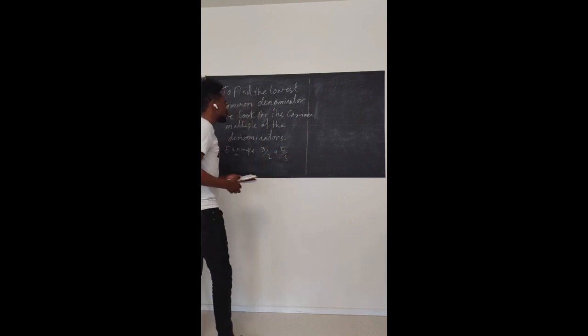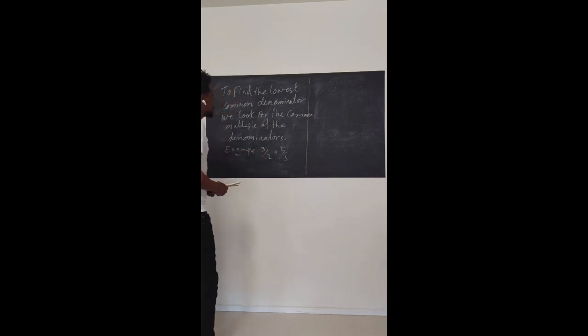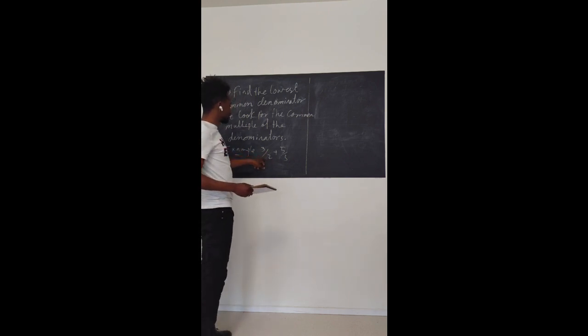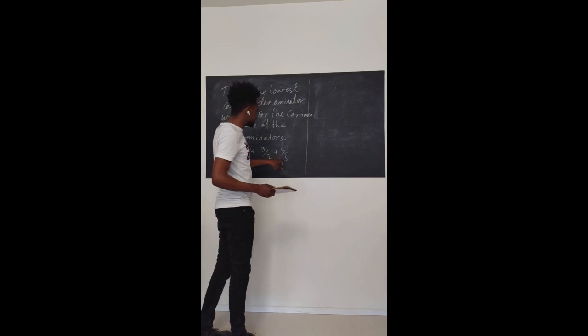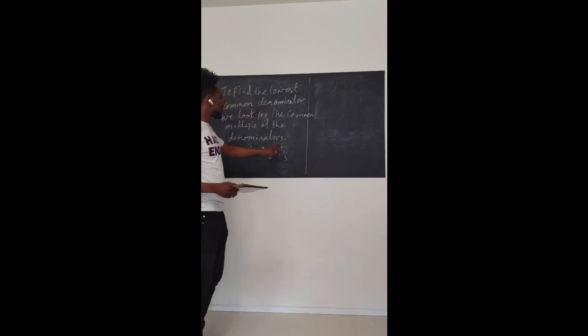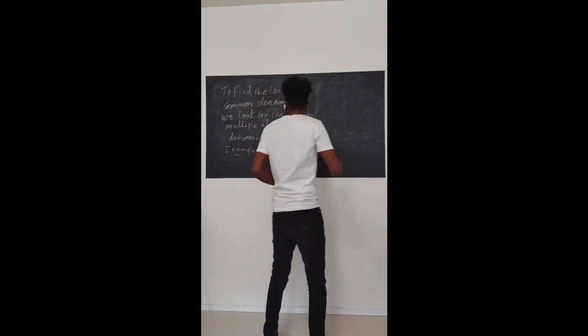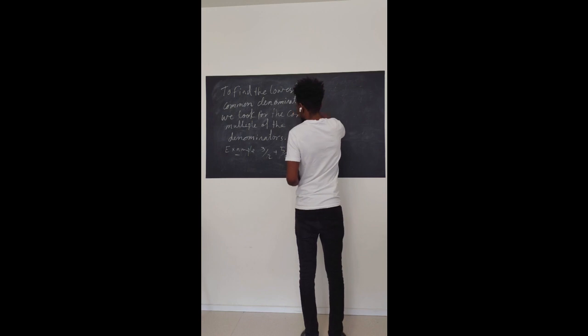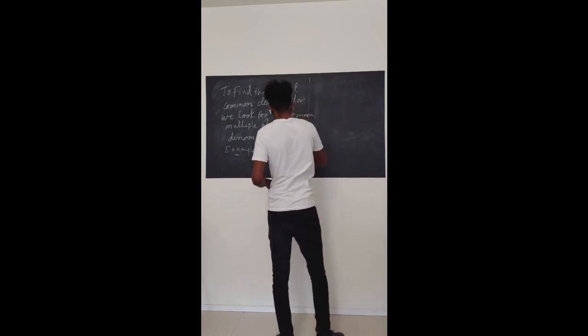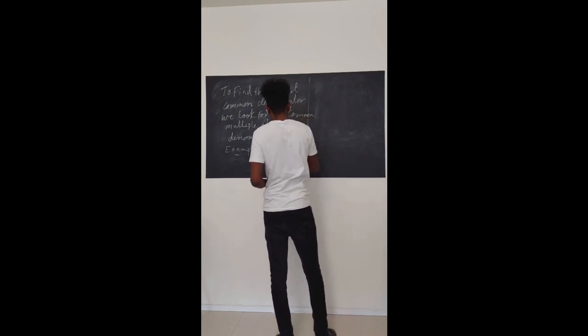We want to add these two fractions, and we can see that here the denominator is 2 and here is 3. What is the least common denominator between these? It is 6. So we can say that we multiply here by 3 and here by 2.